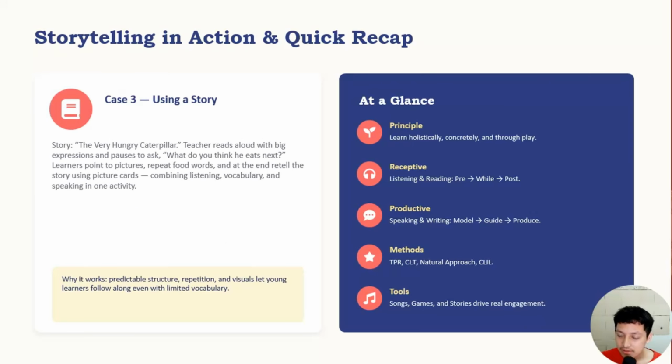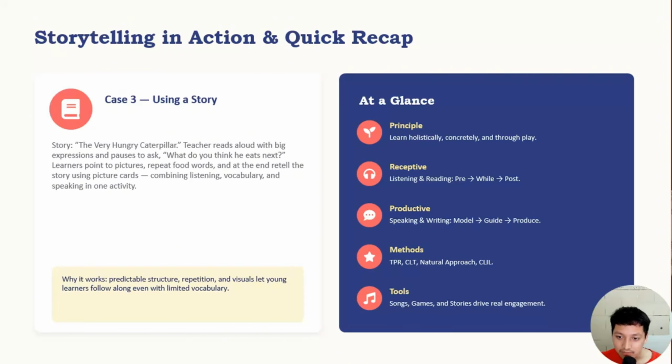Okay, next is storytelling example and recap. And here's an example using a story. Let's say we use The Very Hungry Caterpillar. The teacher reads aloud with big expression and pauses to ask, "What do you think he eats next?"